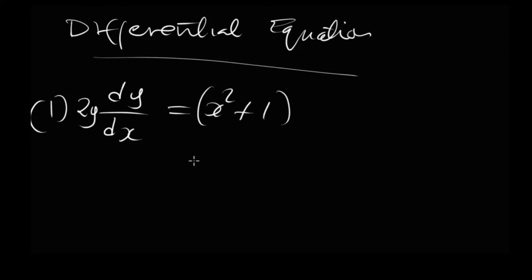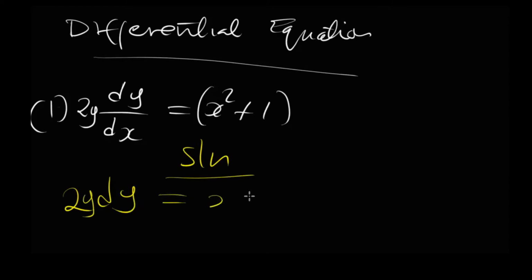So when we write the solution, we'll take it like you said. So it will be 2y dy, right, as a first step. Yeah.